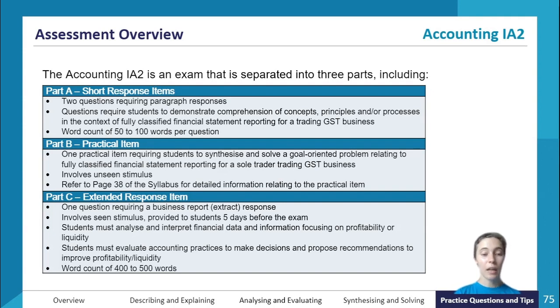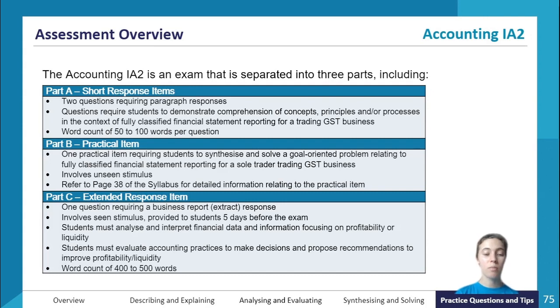And part C is your extended response item, one question requiring a business report extract response between 400 to 500 words. It will involve seen stimulus that will be provided 5 days before the exam. And you need to analyze and interpret financial data and information that will focus on either profitability or liquidity.